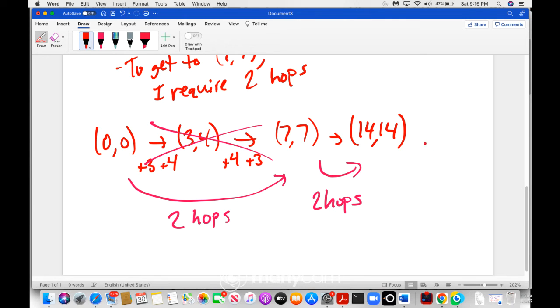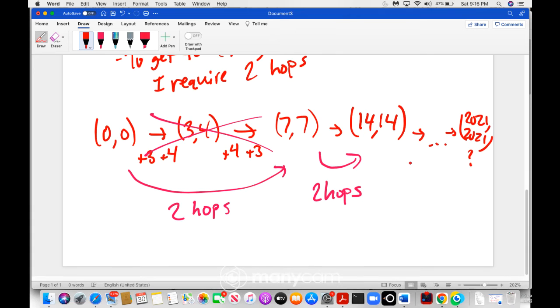So the question is, can I keep doing this until I get to my point 2021, 2021? And the answer is actually almost. In order to get to 2021, 2021 in an integral number of hops, the number 2021 has to be divisible by 7.